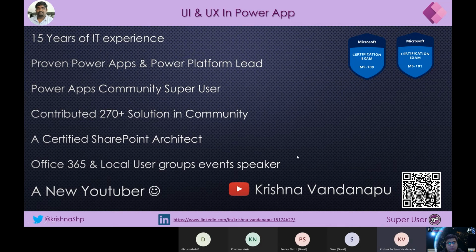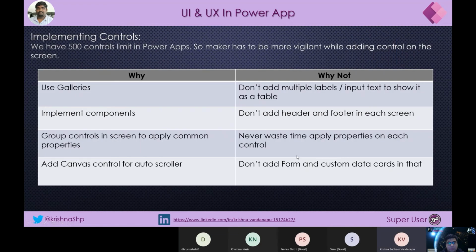Okay, coming to today's agenda, the UI and UX. Before I jump into anything, I wanted to take a minute to explain why it is really needed in the Power Platform area or any development area. UI and UX is nothing but user interface and user experience, which is very crucial when we are developing or implementing any app.